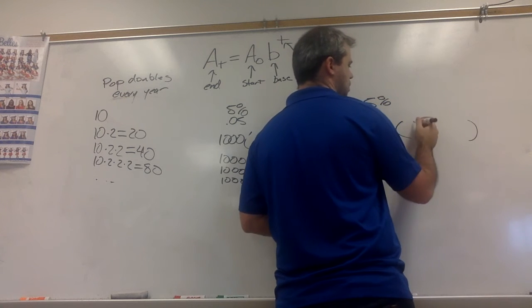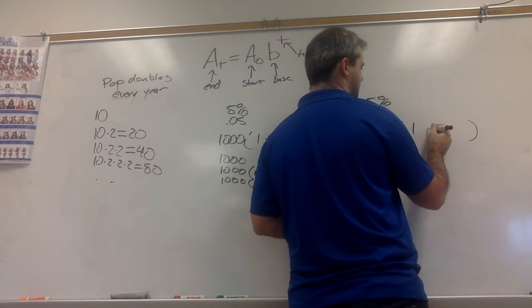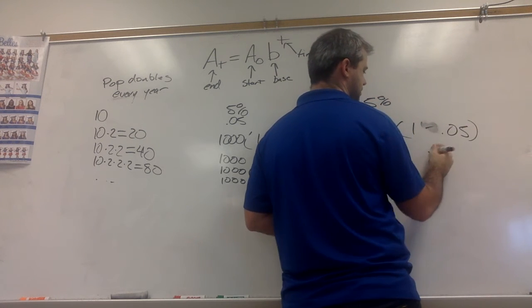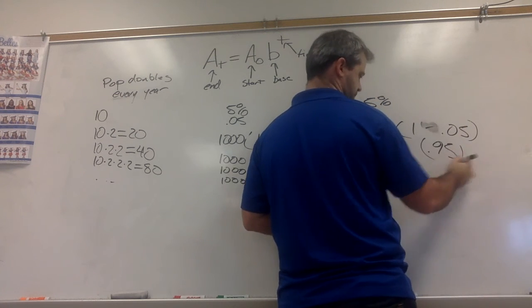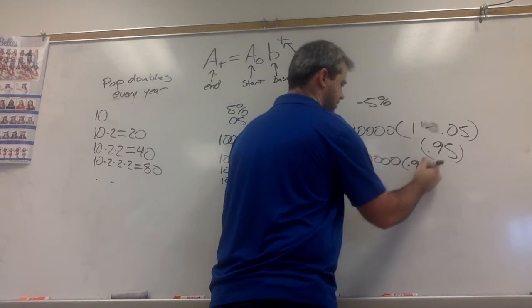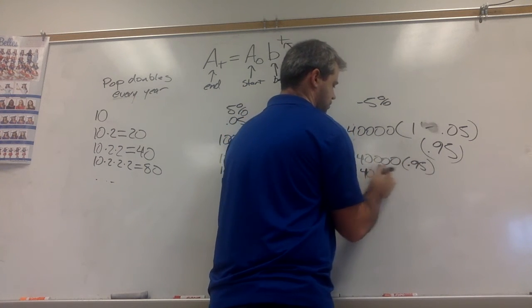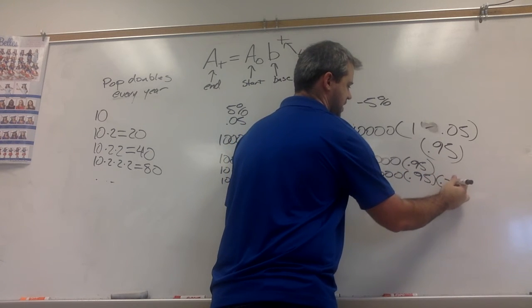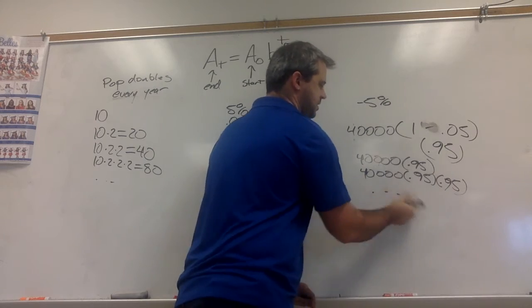And then instead of increasing by that 5%, we're going to decrease by 5%. So 40,000 times 0.95, 40,000 times 0.95 times 0.95, and so on.